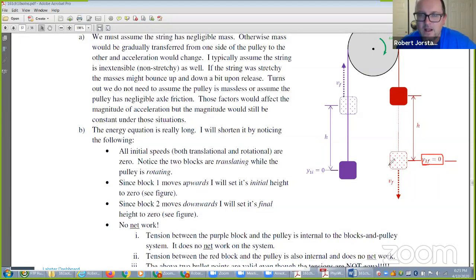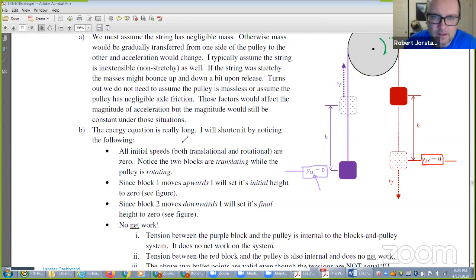The bottom of the motion is 0 for the red block. Similarly, the bottom of motion is 0 for the purple block, right? So y initial is 0 at the beginning. Y final is 0 for the red block. It's a sneaky one.